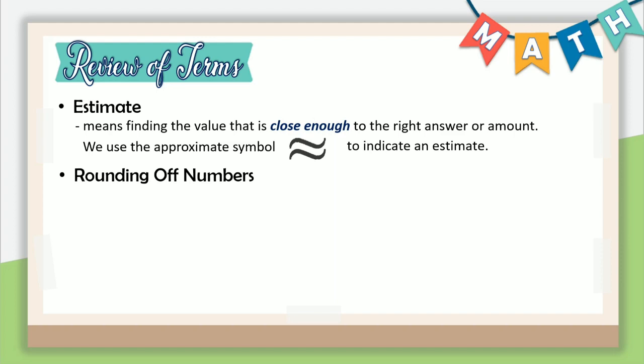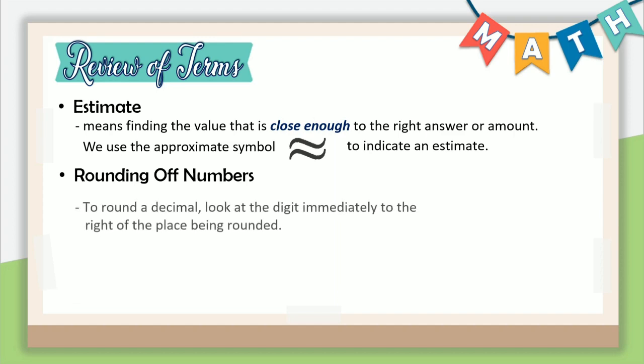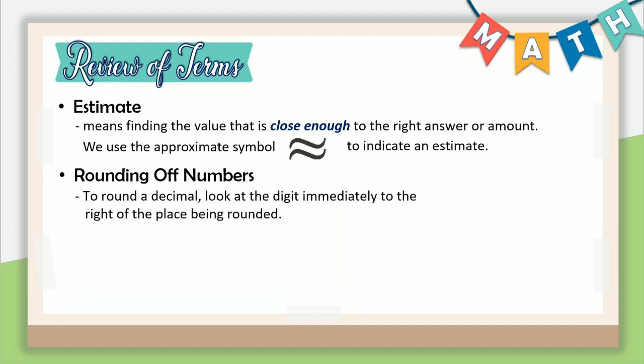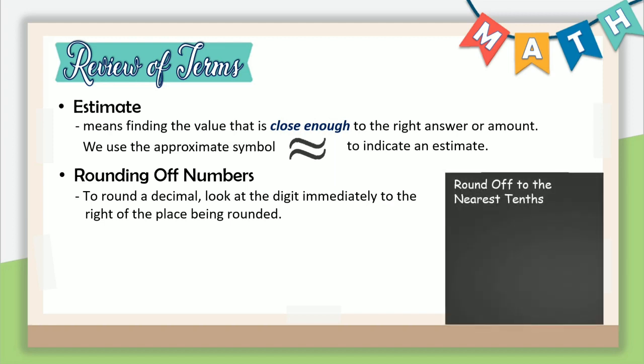Rounding off numbers. How do we round off decimals? To round a decimal, look at the digit immediately to the right of the place being rounded. So for example, we have here 16 and 75 hundredths, and we're going to round this off to the nearest tenths. 7 is in the tenths place.